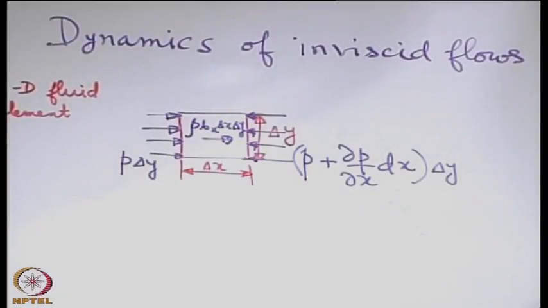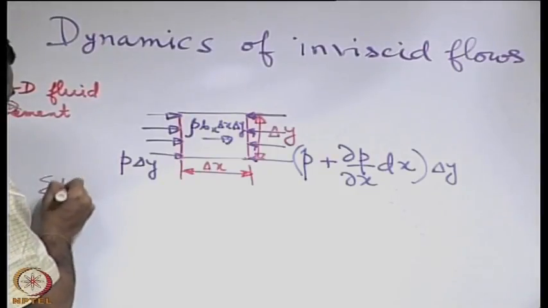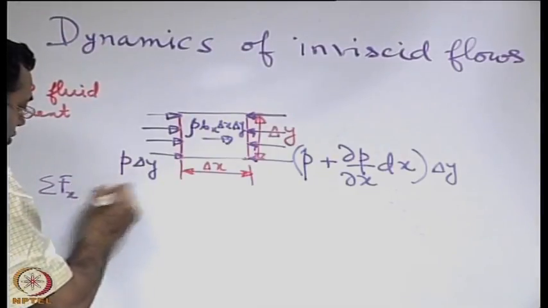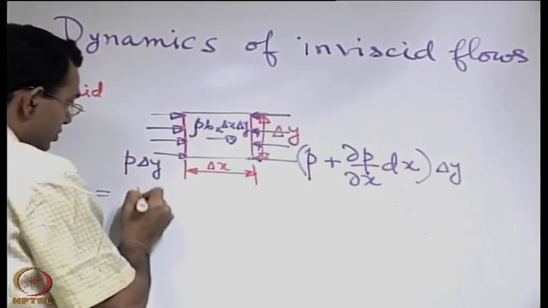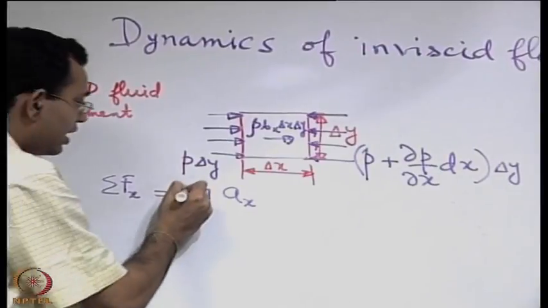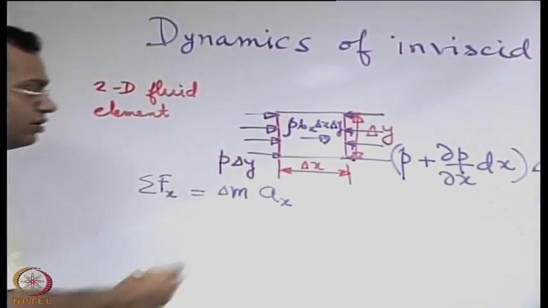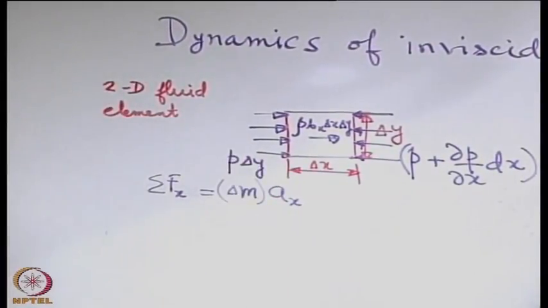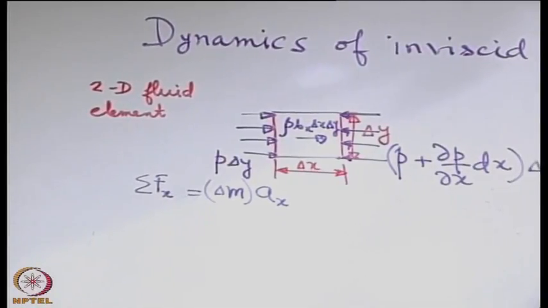So we can write Newton's second law of motion for the fluid element, that is, the resultant force along x is equal to the mass of the fluid element times acceleration along x. Maybe you can write delta m, it is a small mass, to acknowledge that. So we will try to simplify this expression.